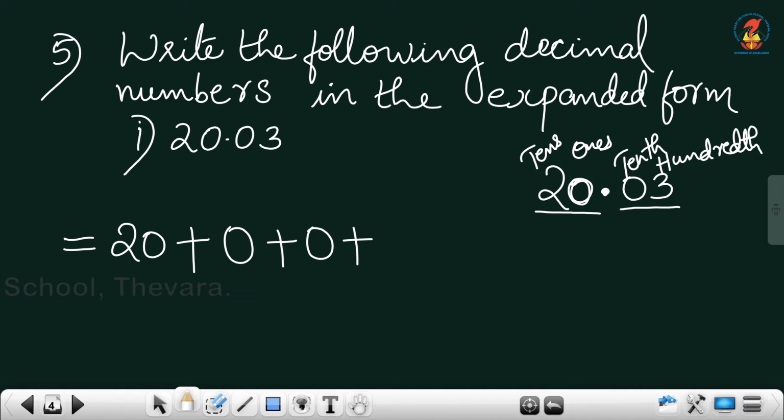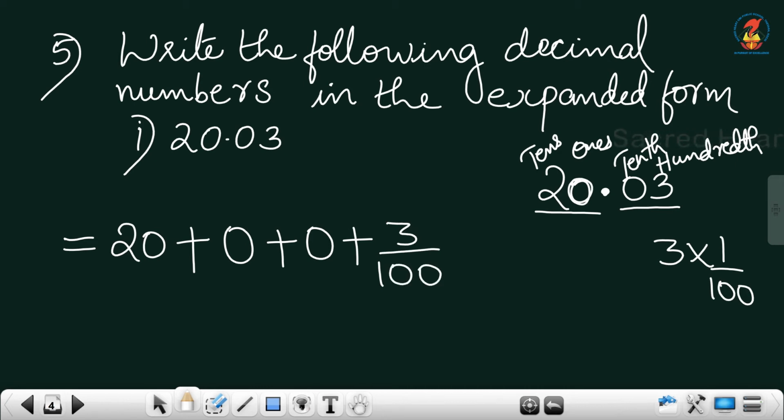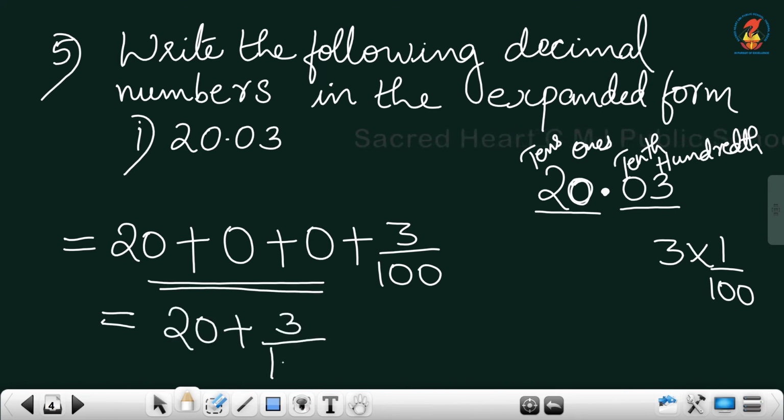Plus, 3 is standing in 100th place. So the place value of 3 is 3 into 1 by 100, which is 3 by 100. If zeros are coming this way, you can leave them out, or if you write them also, no problem. You can write 20 plus 3 by 100. So this is the expanded form of this particular decimal number.